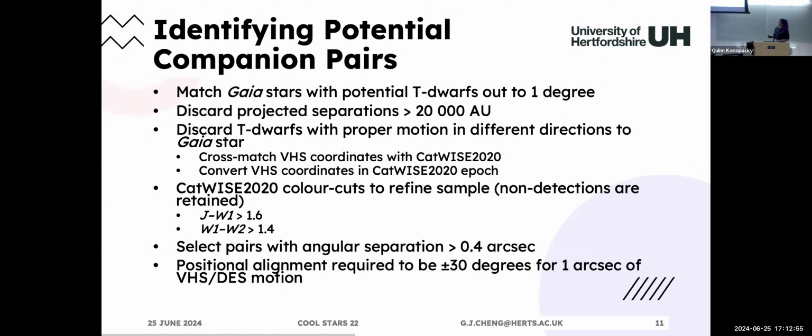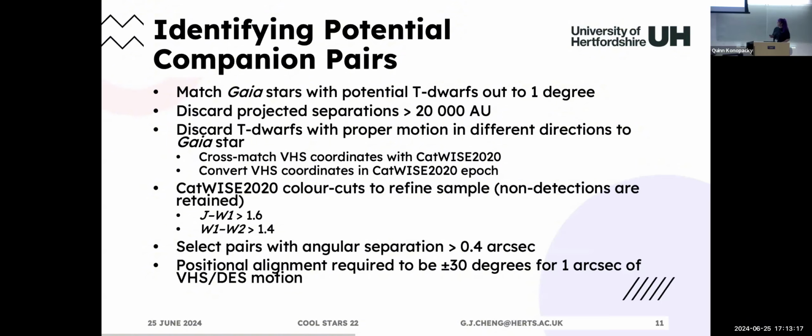And then we matched our lists of Gaia primaries and T-dwarf candidates out to 1 degree and discarded any of the pairs that had projected separations greater than 20,000 AU because they're not likely to be true wide binaries.